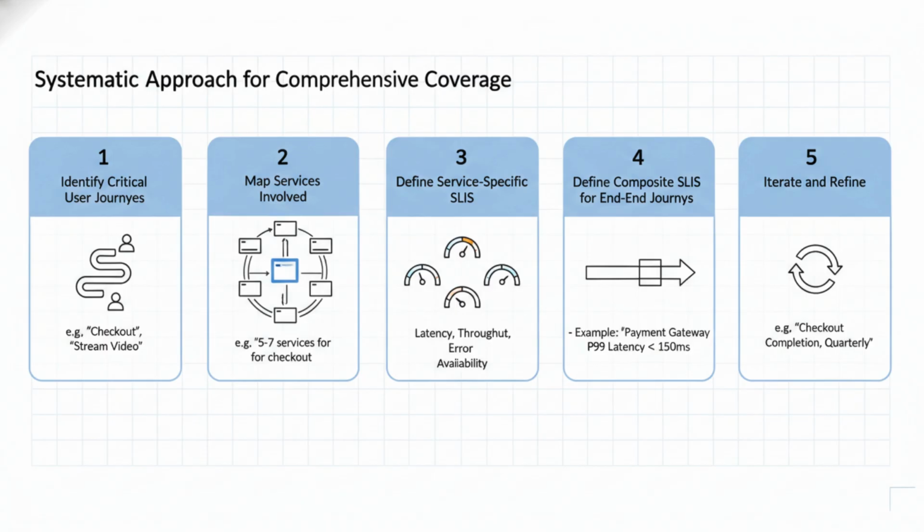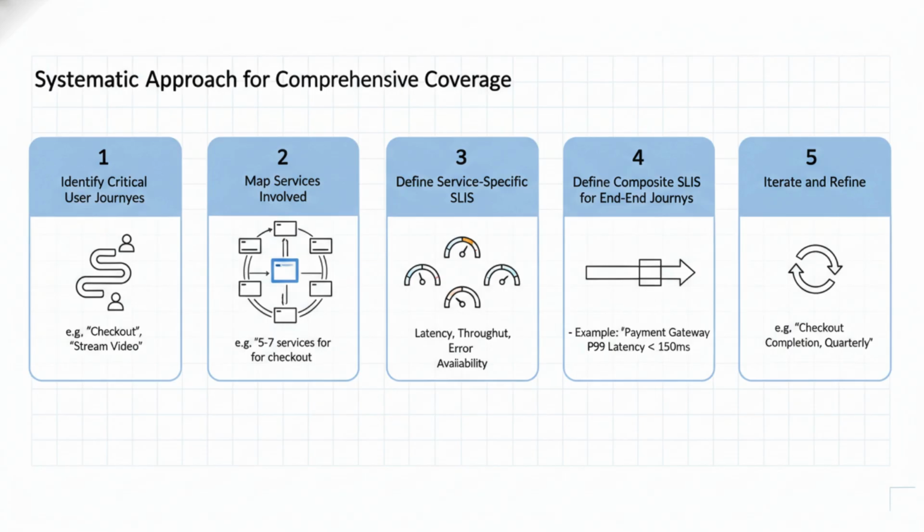Then, for each critical service, define service-specific SLIs using the categories we discussed: latency, throughput, error rate, and availability. Be precise with percentiles and thresholds. For example, payment gateway P99 latency less than 150 ms. Fourth, define composite SLIs for end-to-end journeys. Don't forget the holistic view.